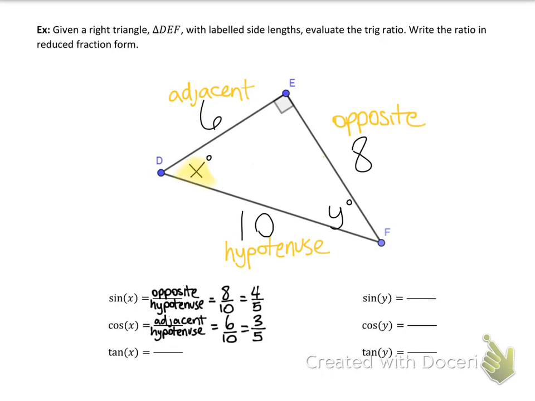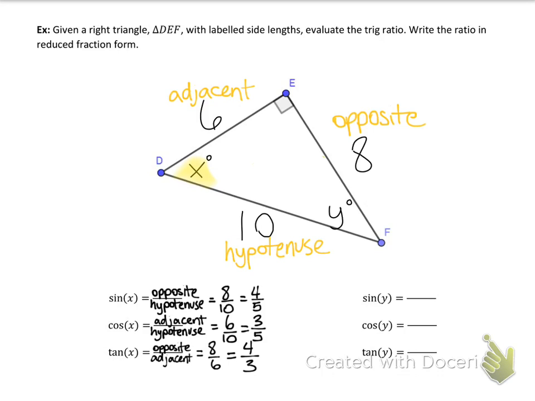The tangent function is equal to the opposite over adjacent, which in this example is equal to 8 over 6, which can be reduced to 4 over 3. So for the angle with x degrees, our sine is 4/5, cosine is 3/5, and tangent is 4/3.